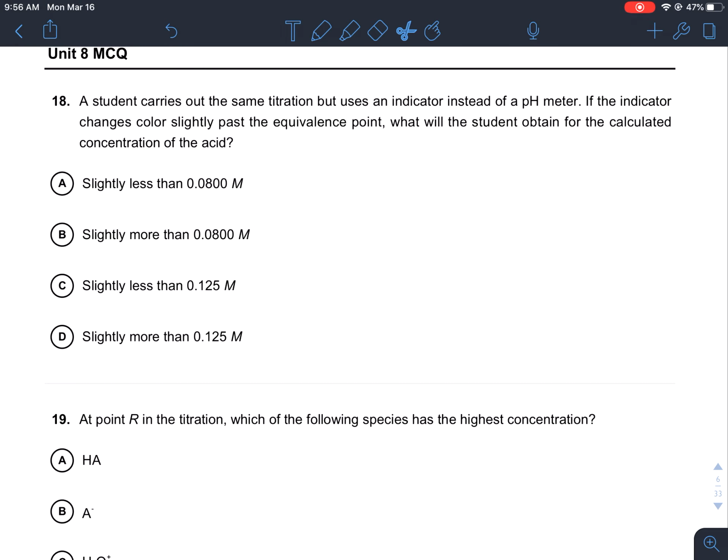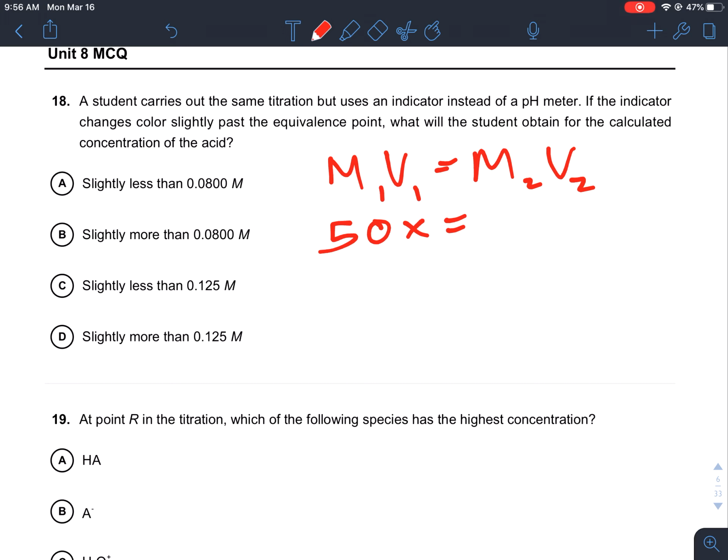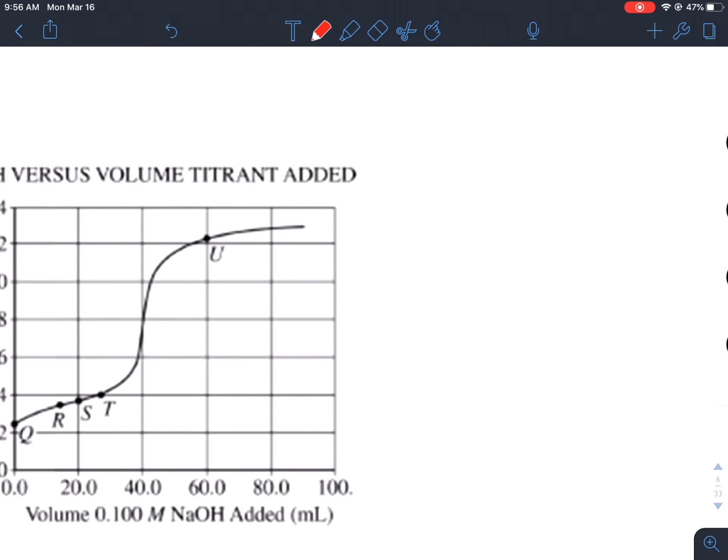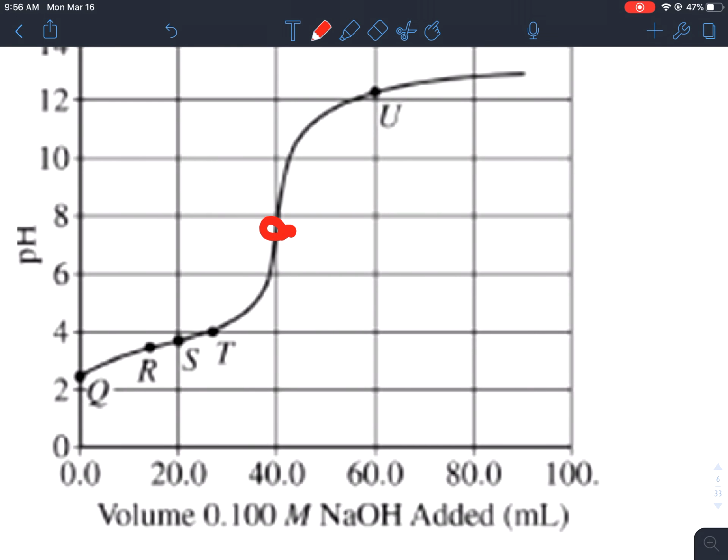So what I did was I set up an M1V1. Okay, and I said, we know that this is 50 milliliters, but we don't know its molarity. We know that this is 0.1 molar, and this is 40. Wait, you guys are going, where did you get that 40 from? Look at the graph. That's the equivalence point.